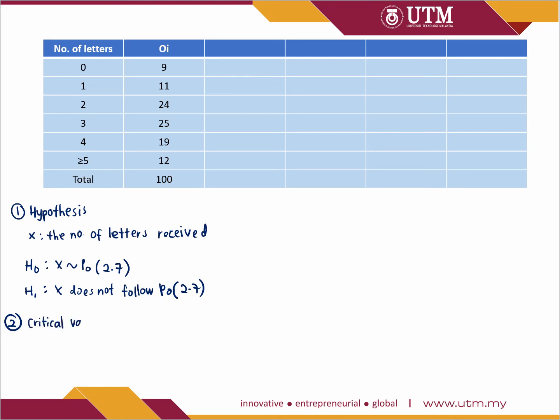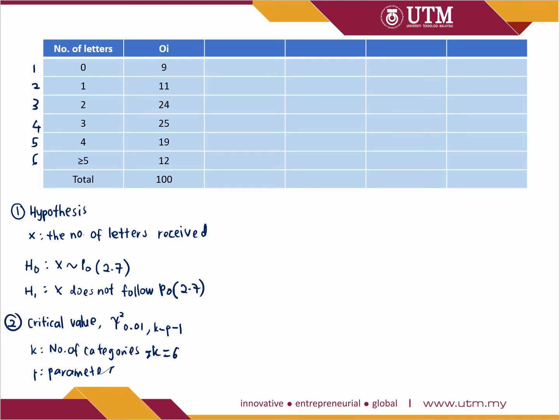The critical value is chi-square with the significance level used being 0.01. The degrees of freedom will be different because this case involves the Poisson distribution, so it will be k minus p minus 1, where k is the number of categories and p is the number of parameters involved in the distribution. Here k is the number of letters categories: the first category, 2, 3, 4, 5, 6, so we have 6 categories.